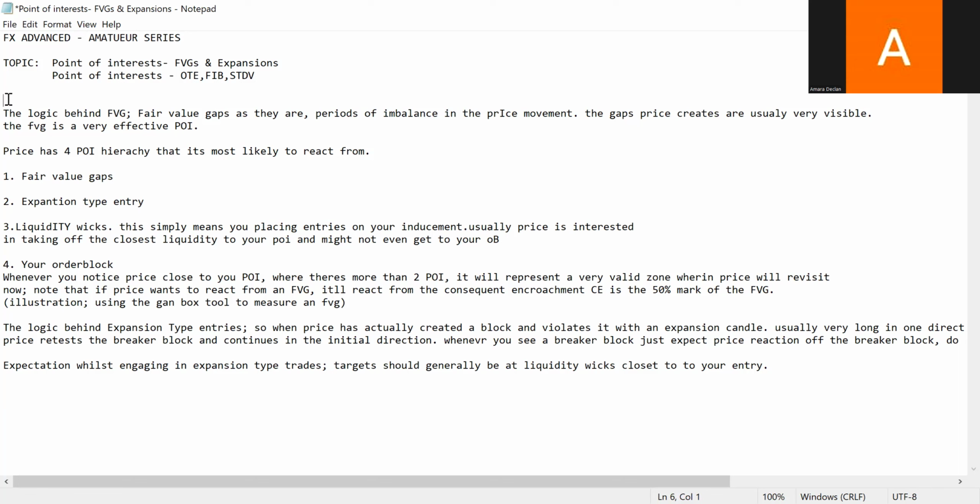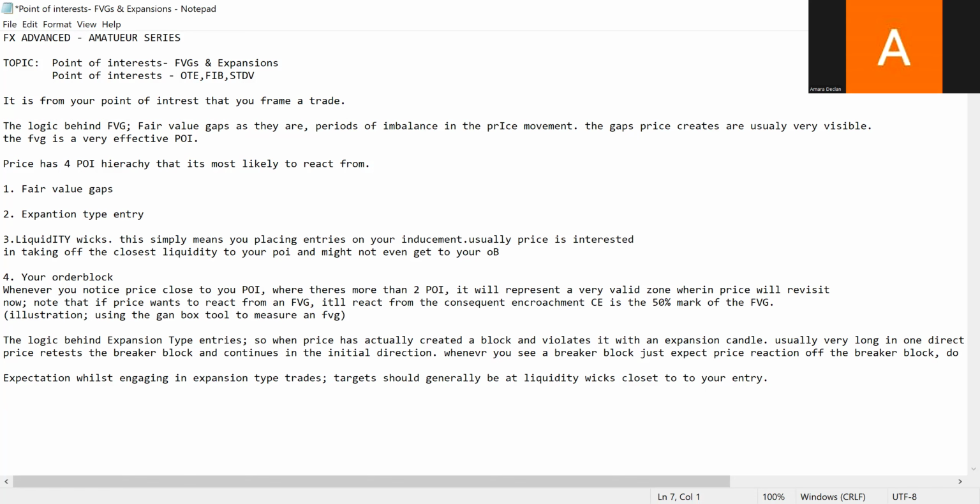Now, the reason why we're talking about point of interest is because it is from your point of interest that you frame a trade. That's why it's important, because points of interest, just like the name implies, mean that these are areas where we are expecting some kind of reaction.